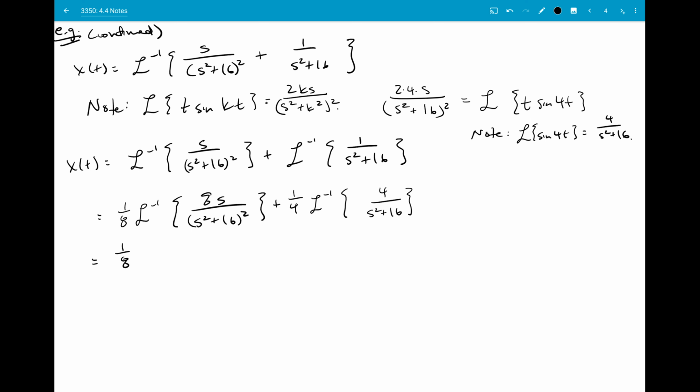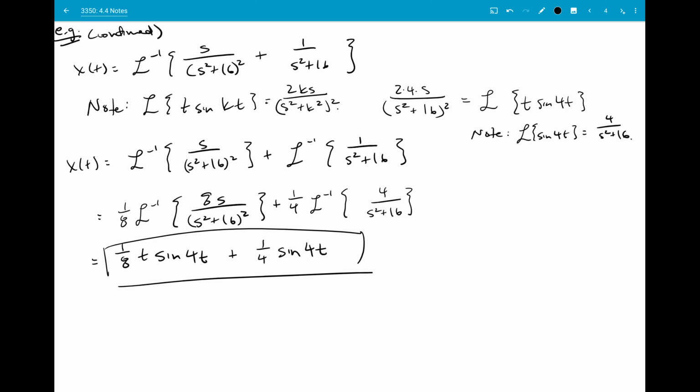The inverse Laplace transform of 8s over s squared plus 16 squared is t sine 4t, and L inverse of 4 over s squared plus 16 is just sine 4t. That would be the solution to my differential equation.